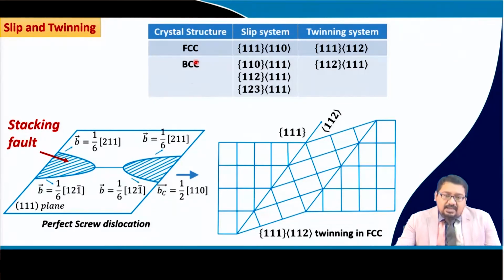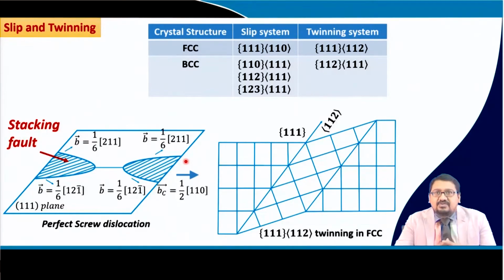In FCC material, if we look into it in detail, there is a concept of stacking fault, and we all know that in the 111 plane, if there is a fault in the stacking, it is known as the stacking fault.